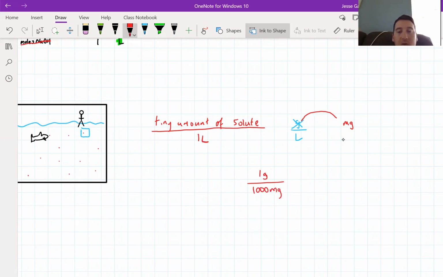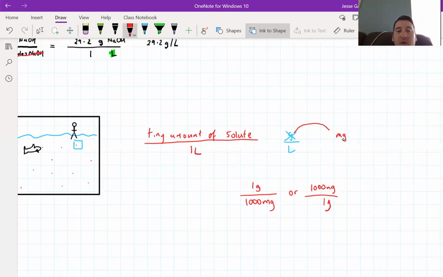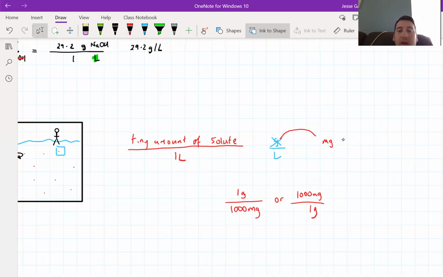Or there are 1,000 milligrams for every 1 gram. So that's our relationship between grams and milligrams. And we can then think about milligrams per liter instead of grams per liter. This is a much smaller measurement of solute for every liter.